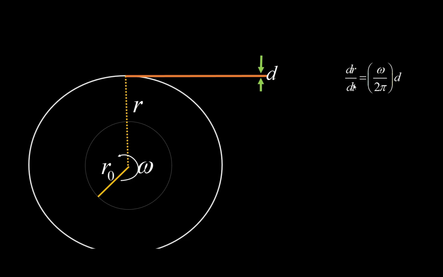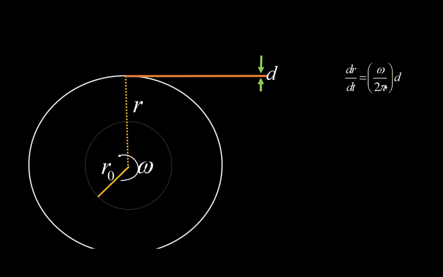Rate means per second, and omega by 2 pi is the number of turns covered per second. So this is how it matches unit wise. On both sides, I have written quantities per second or per unit time. So when number of turns and width of tape are multiplied, that gives the total width that will increase this radius r. So that is dr by dt.